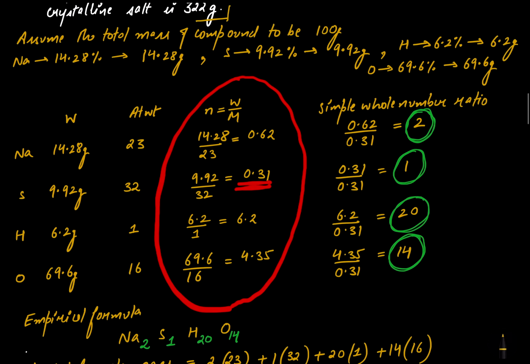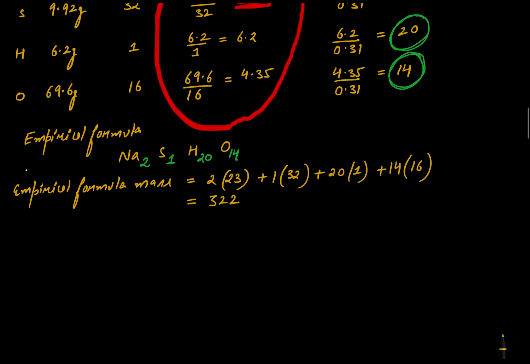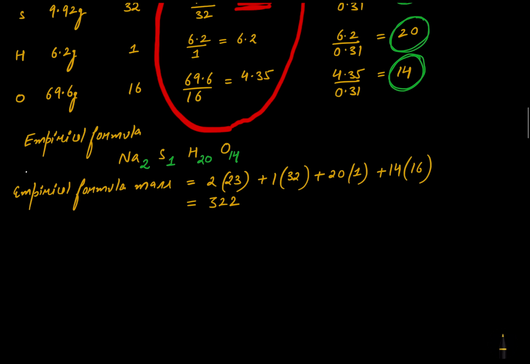So I got my empirical formula and empirical formula mass. Now let's come back to the question. In the question, the molecular mass of the crystalline salt is given to be 322. So I'm coming back to the question, solution. I'm writing molecular formula mass, and again in the question it's given to be 322. So I'm evaluating n over here.